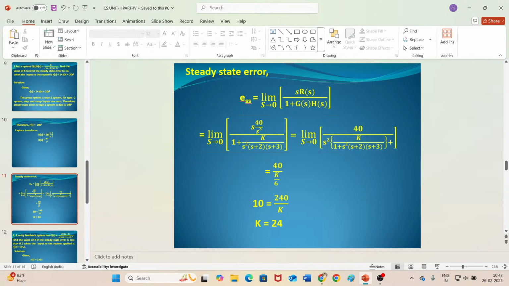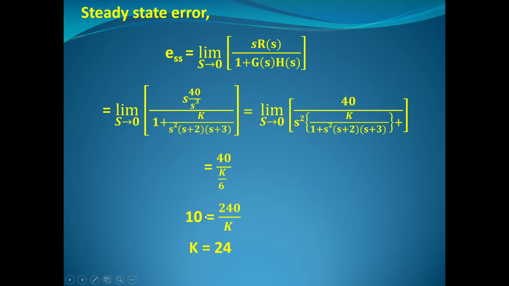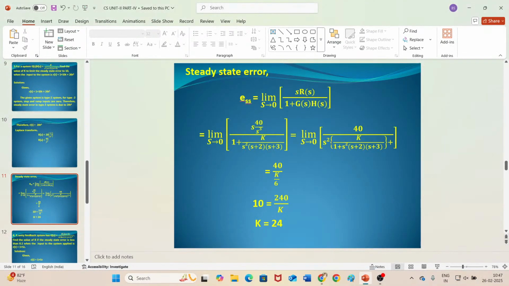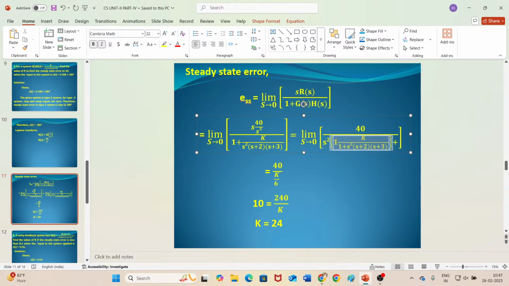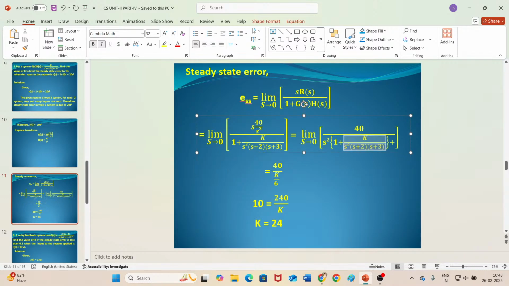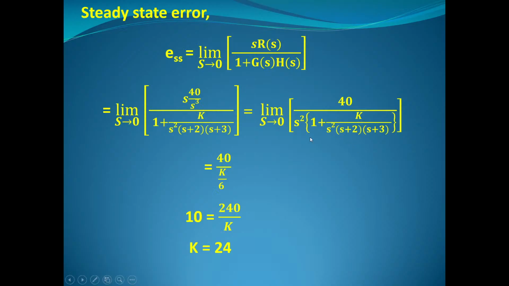So this is it. Whatever modifications there are, I have done those modifications. So it may be of some use to you. See here, 40 by s into s cube is there. So 40 by s square you will get. So 40 by s square into this, in the denominator, what is there here? Plus is not there, sorry. Here 1 is at the numerator. One more modification, wait. This is it.